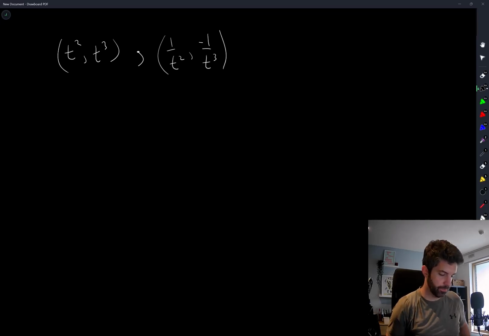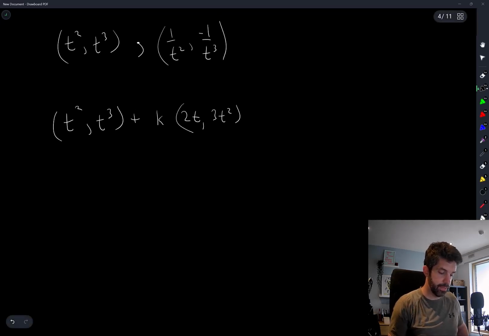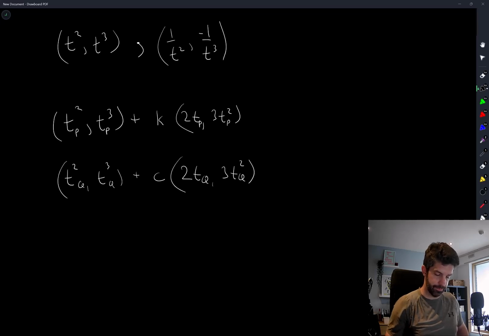How about I do it like this? I have the vector equation for one of the tangent lines. Again, t is fixed. Now this is for tP fixed. If I fix tQ, that's the vector equation again.